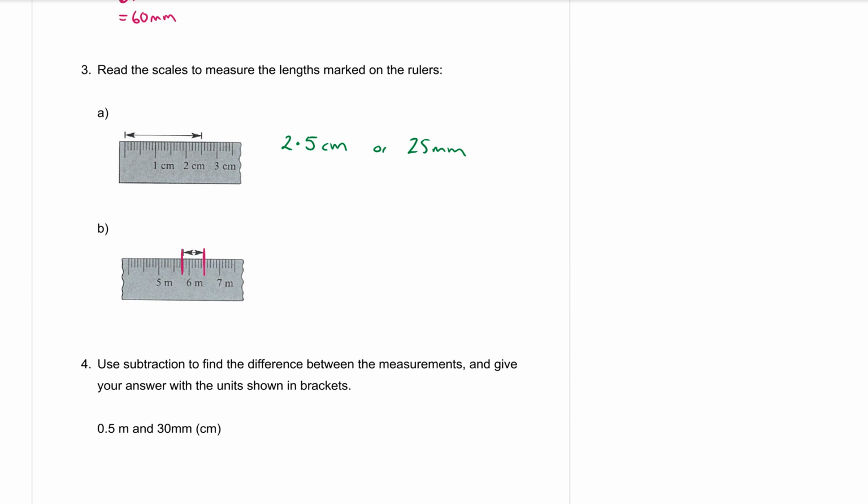Each one of those little lines in there is going to be a 0.1 of a meter. So we're going to go count these spaces. 1, 2, 3, 4, 5, 6, 7 spaces. So that means that's going to be 0.7 meters. Or if you wanted to, you could have converted that into centimeters, which would be 70 centimeters.